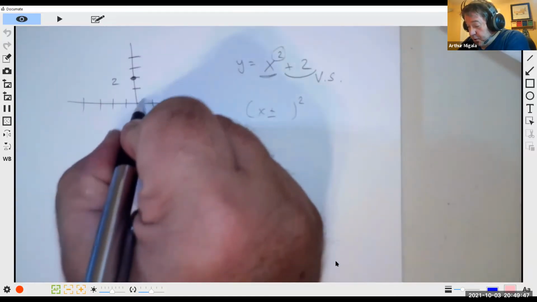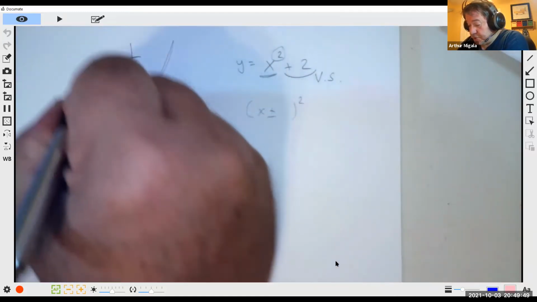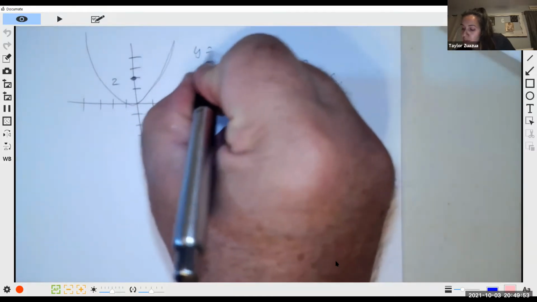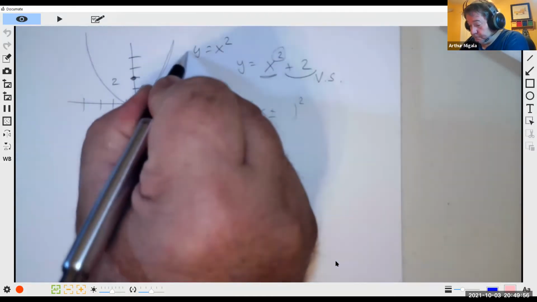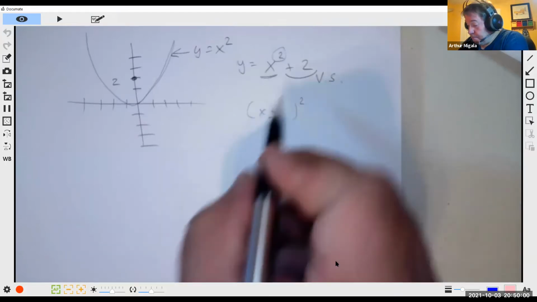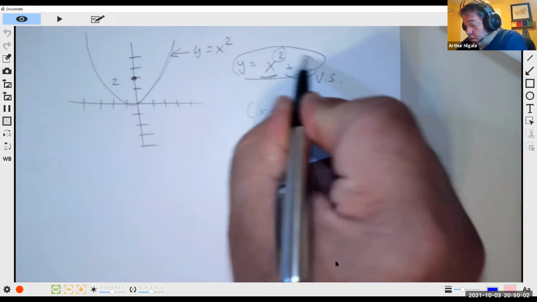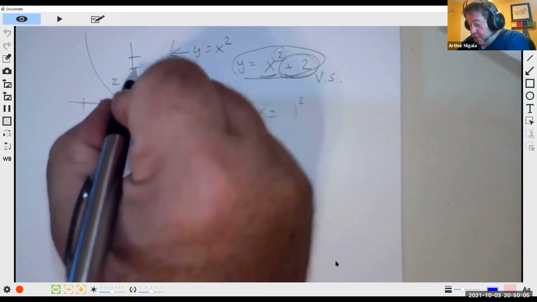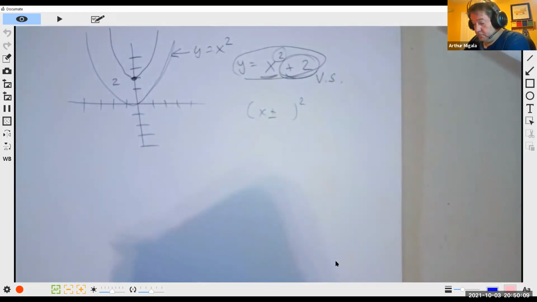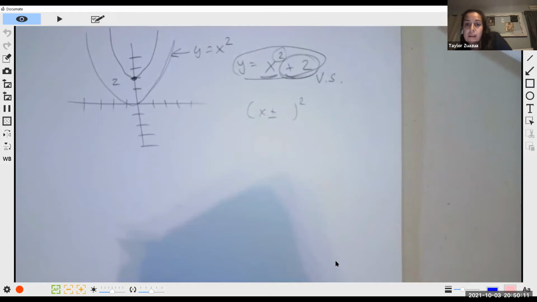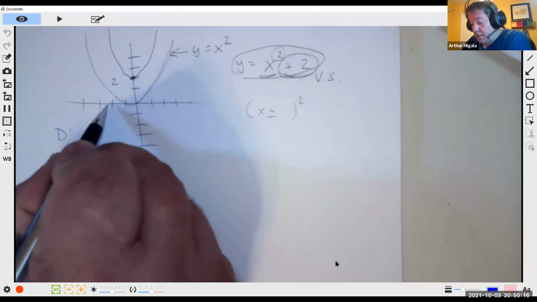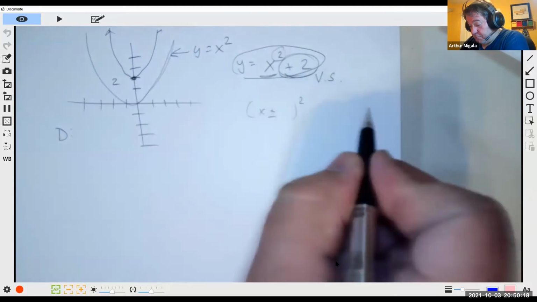Originally the parabola looks like this. That's the original function, y equals x squared. But ours, we raised it up 2 spaces, so ours now looks like this. All right, so the domain, again, these things go on forever, both directions.